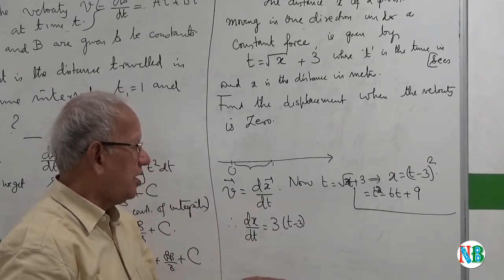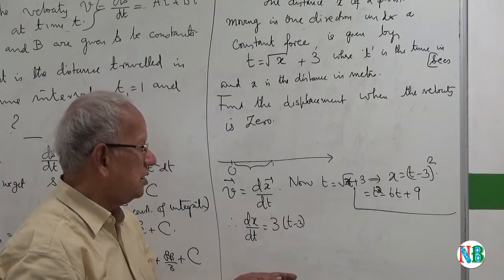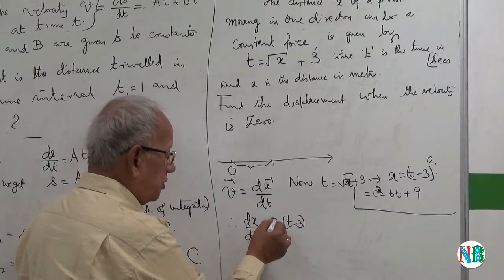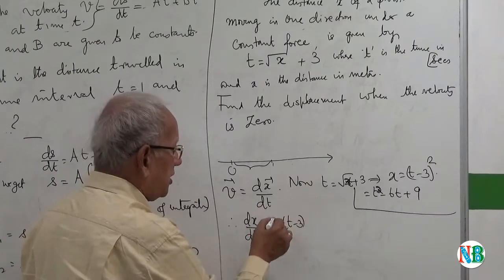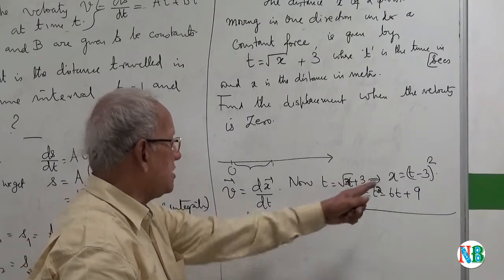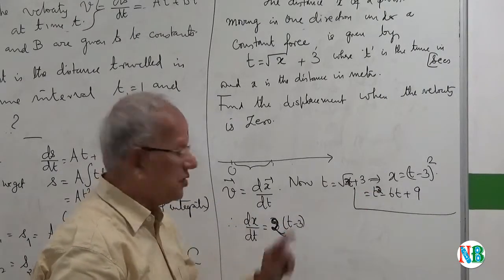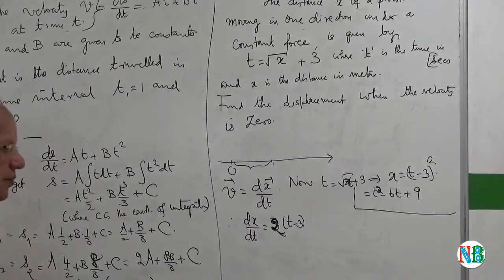Constant derivative is 0. Sorry, I wrote it wrongly here. 2 times t minus 3. And that's exactly the same as this, 2t minus 6. Good. So dx by dt is 2 times t minus 3.